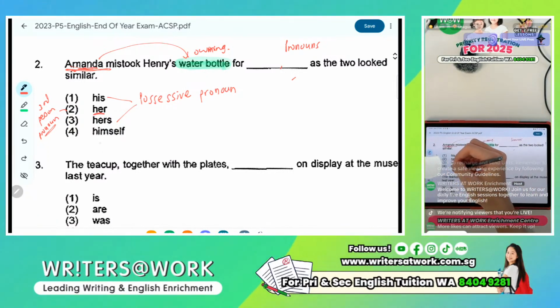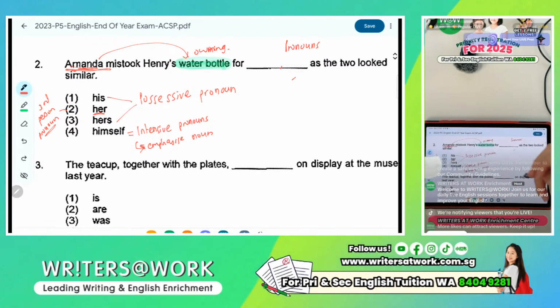And lastly, himself here is known as an intensive pronoun. We use intensive pronouns to emphasize the noun. So for example, the boy went to school all by himself. So we want to show that this action was completed by just one specific person.